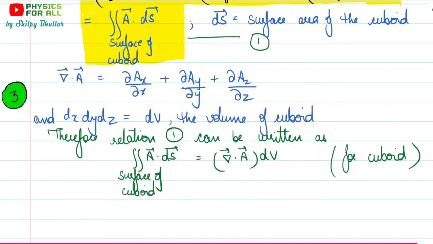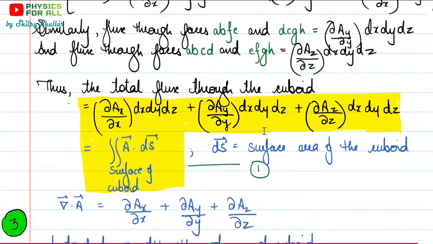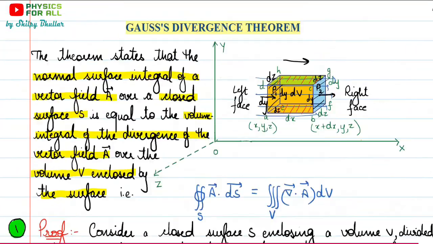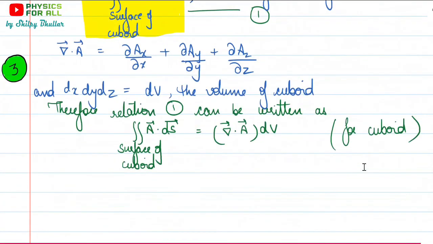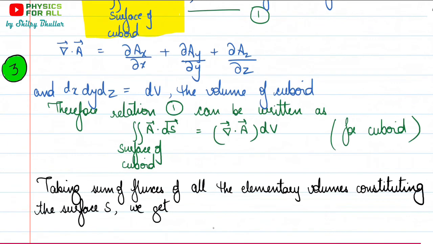And similarly, in the divergence of A times dV, this dV is only this small volume element that we considered. But as I drew before, there were so many of them. So to account for the entire volume, we have to include all those volumes. So we have to integrate over the entire volume V when we want to include the entire surface S.